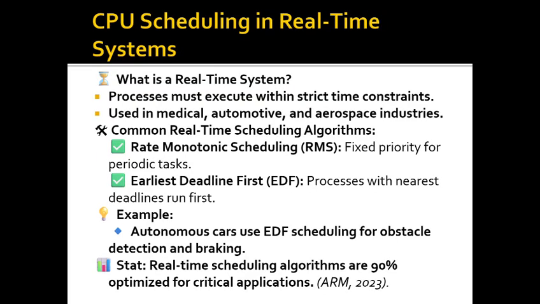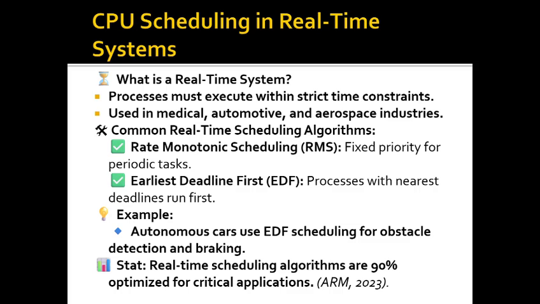CPU scheduling in real-time operating systems. A real-time system is nothing but an RTOS. In an RTOS, processes must execute within strict time constraints, as used in the medical, automotive and aerospace industries. Common real-time scheduling algorithms are rate monotonic scheduling and earliest deadline first.